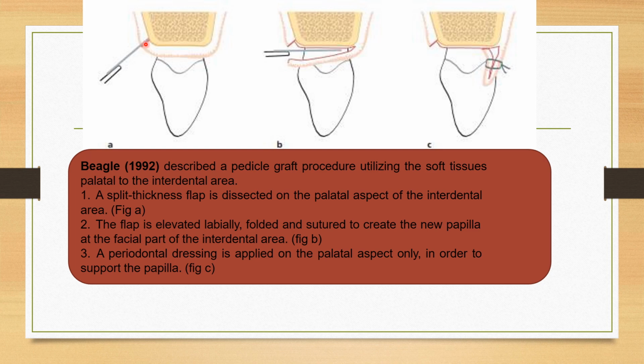We will give a split thickness flap here, that is, the dissection is given on the palatal aspect of the interdental area, and then the flap is elevated, folded labially and sutured to create a new papilla at the facial part of the interdental area. Then a periodontal dressing will be given on the palatal aspect only in order to support the papilla.